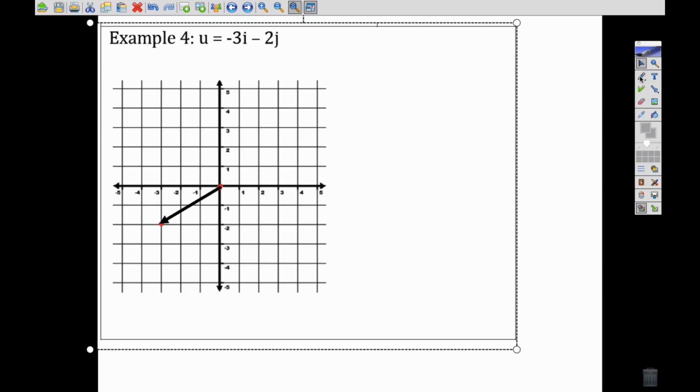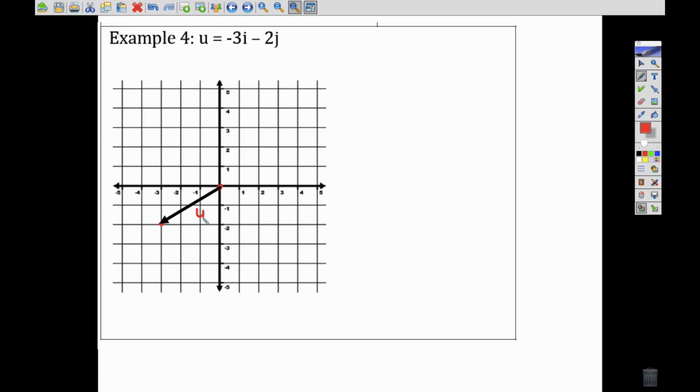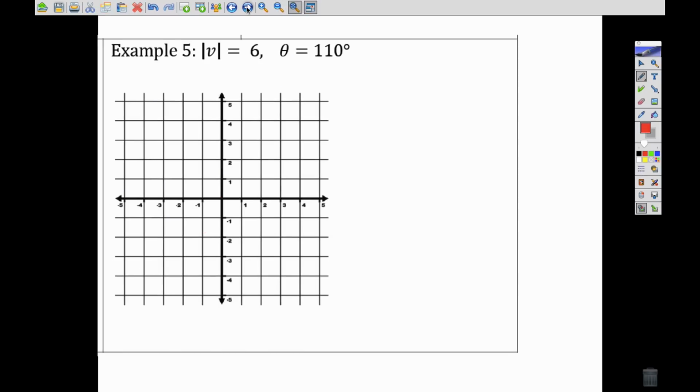Right there, and that is vector u. So there we go. And if I wanted to write it in component form, that'd be -3, -2 with those pointy brackets. I'm sure they have a name that is more correct, but I'm just going to call those pointy brackets.